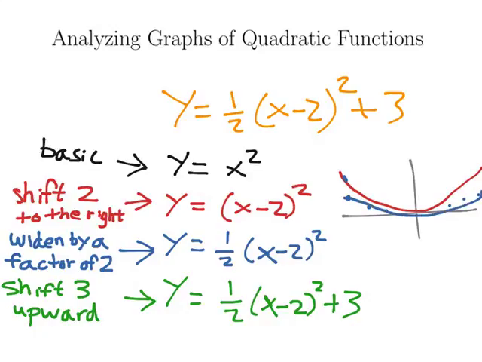This is the same thing as really narrowing by a factor of 1/2. By making it half as narrow, you're really just making it twice as wide.